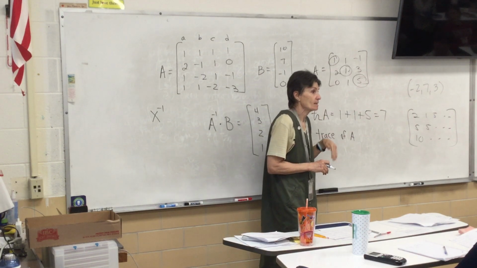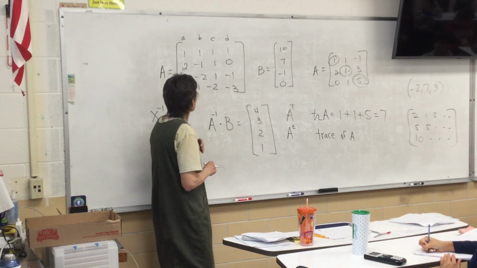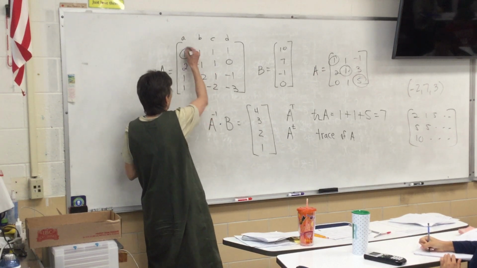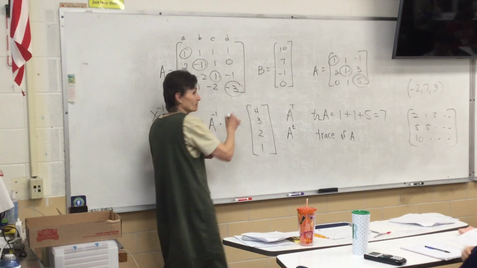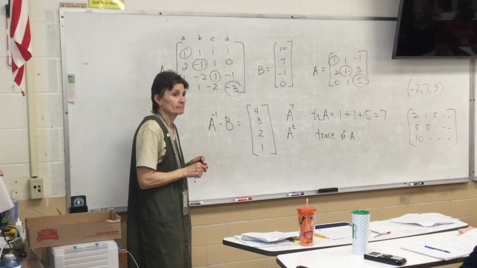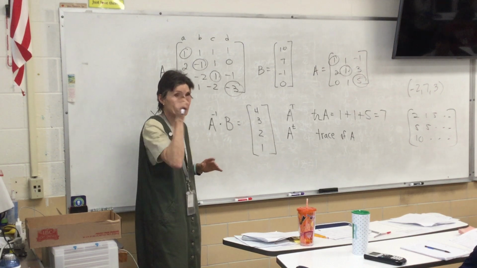Same thing with the trace. You can only do a trace if it's square. So if I wanted the trace of this matrix, this is square, I would add up these numbers right here. And whatever I get when I add them up is the answer. Okay, so it's a new word, new idea, but it's so easy. We just add those numbers up.